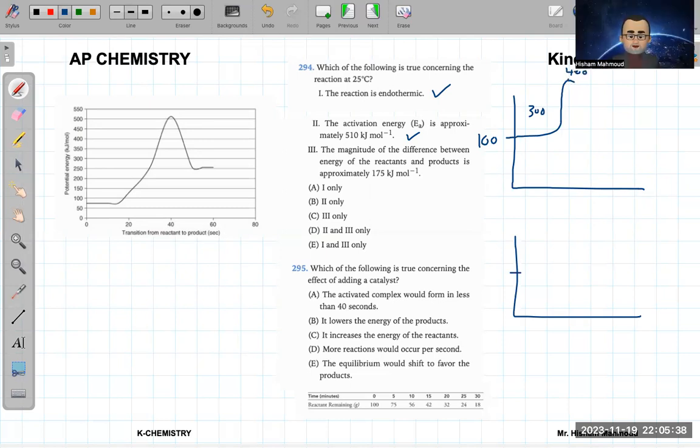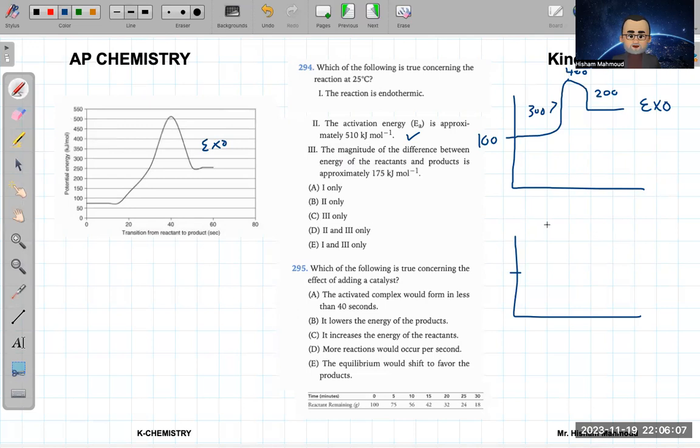Then I lost 200. So it became 200. So this is exo, yeah, mister. You lost more than you gained. So this one is exo. I made a mistake. This is an exothermic reaction, not endothermic. I made a mistake, sorry.